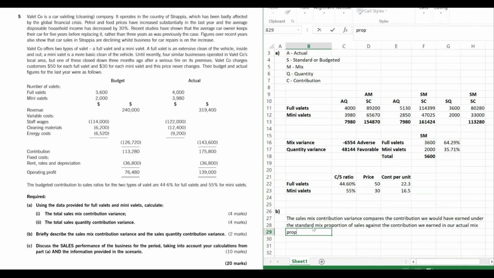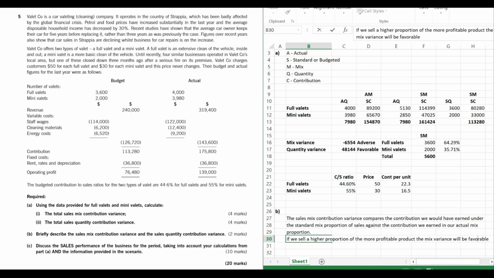Okay, and let's just clarify that a bit more, even though it says briefly, just for our own understanding, right? If we sell a higher proportion of the more profitable product, the mix variance will be favorable.